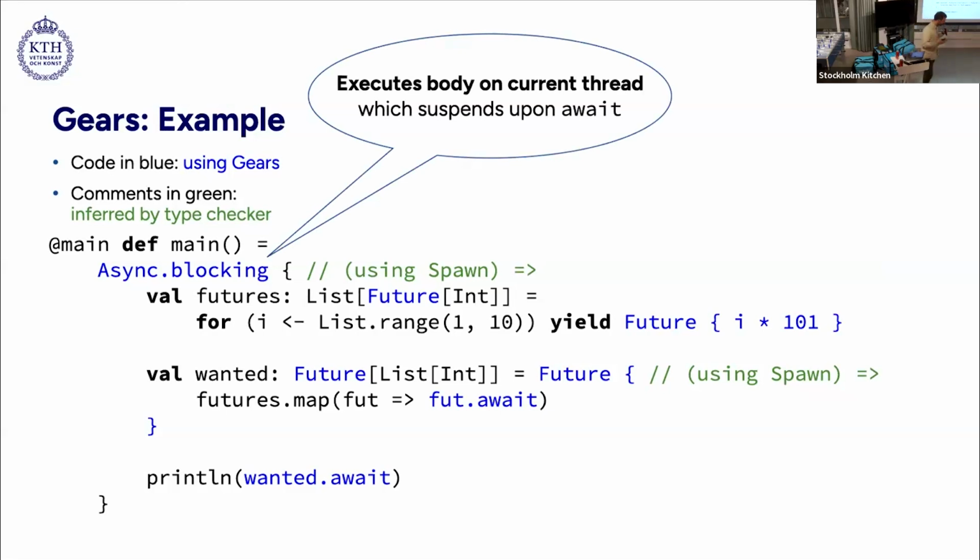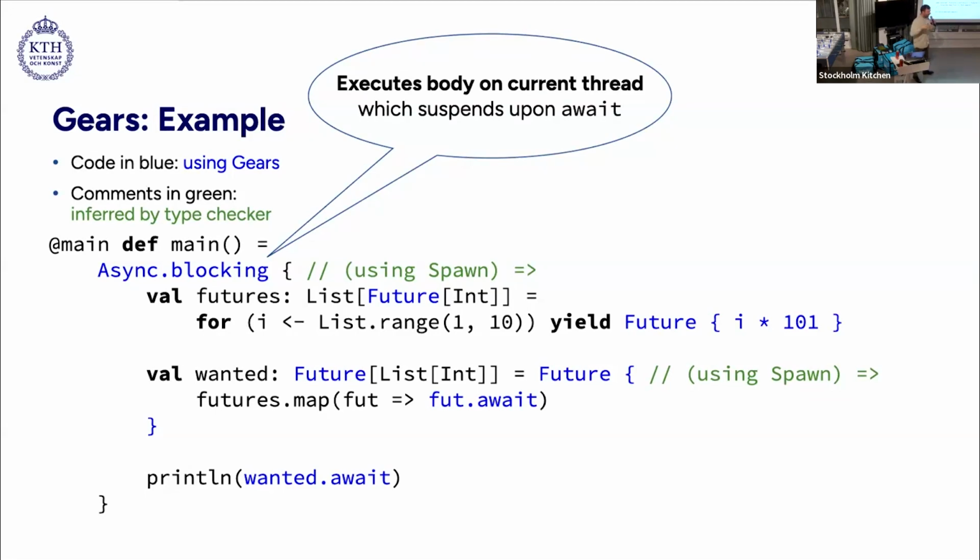So at some point you need to have this kind of functionality. But the cool thing is that the body here is also a context function. So the compiler will automatically create this implicit parameter using Spawn. And that means that inside the body here, we have this given of type Spawn in the scope.